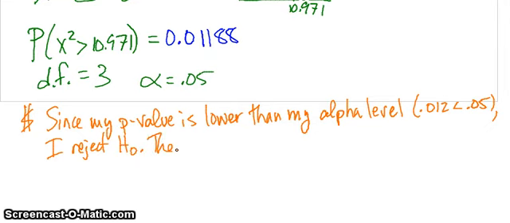So I'm rejecting H sub O because P is lower than alpha.